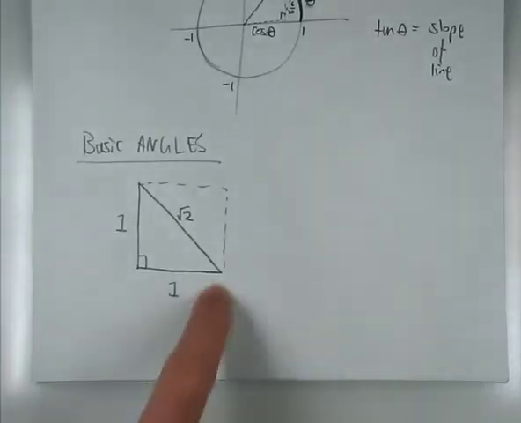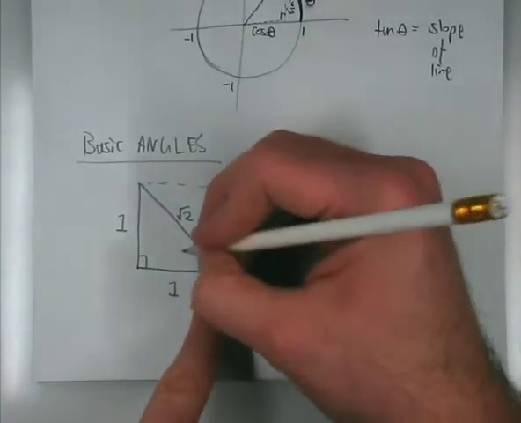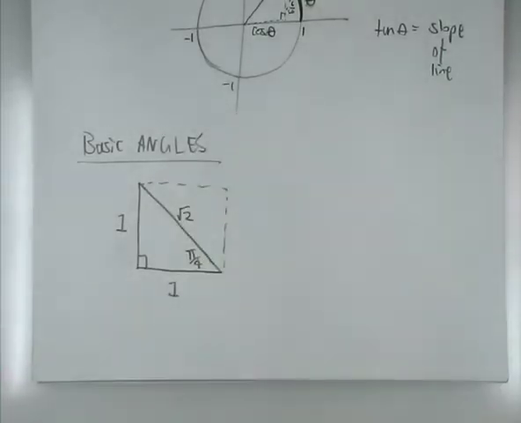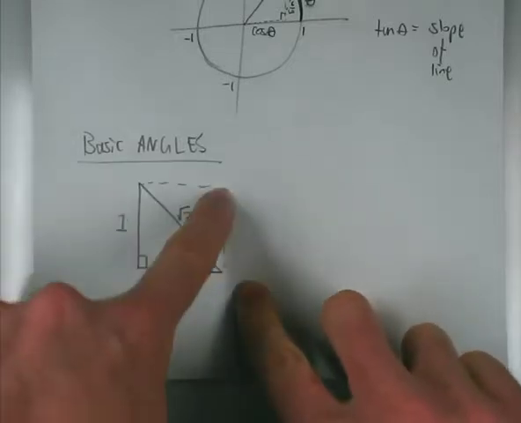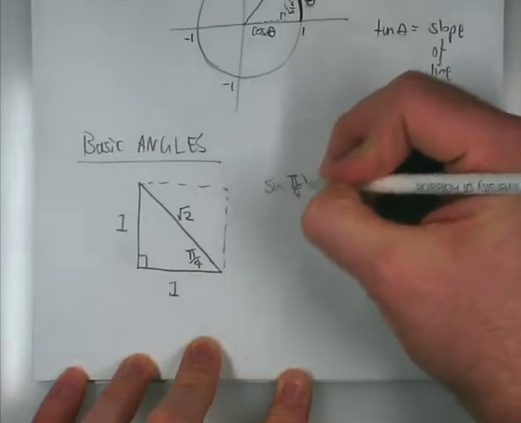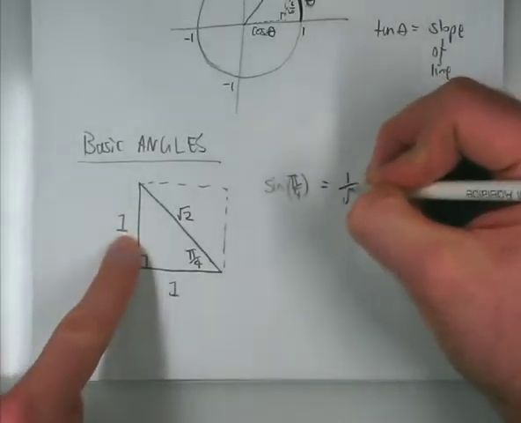And this angle here is 45 degrees, which is the same as pi on 4 radians. When I convert from degrees to radians, I think pi is 180 degrees, so pi on 4 must be 180 divided by 4, which is 45 degrees. And that tells me that sine, being the opposite over the hypotenuse, is 1 on root 2.